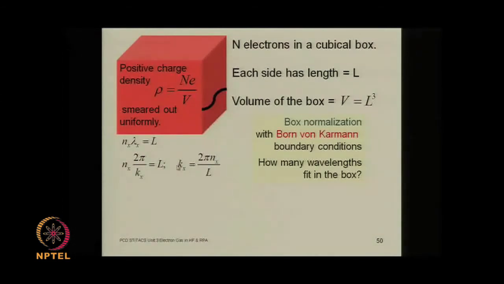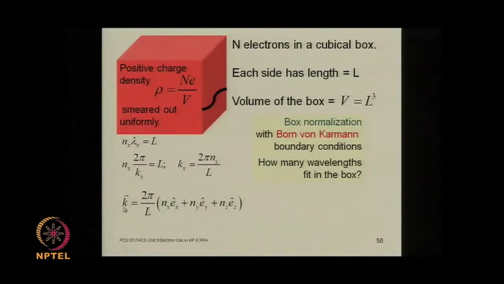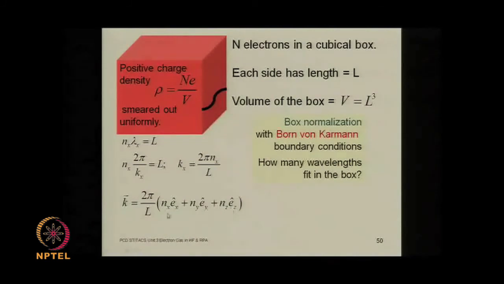This condition tells you that k must be 2 pi times n over L, and this is for the dimension x. You will have a similar relation for y and z, and the complete expression for the quantization of the k vector will have n_x e_x plus n_y e_y plus n_z e_z multiplied by 2 pi over L.